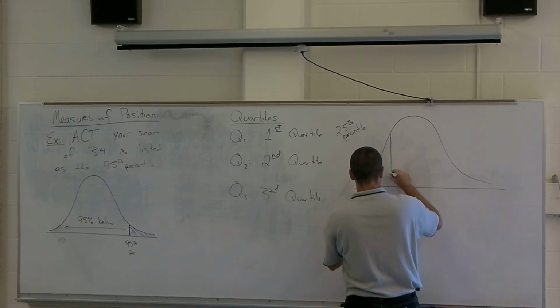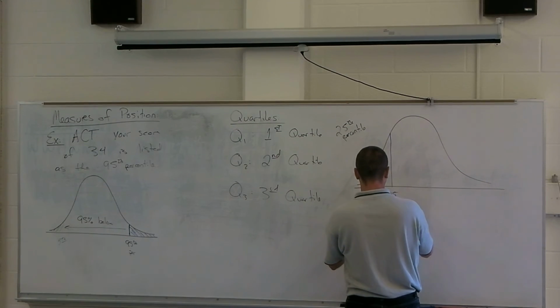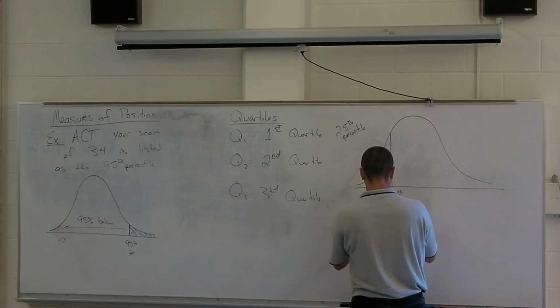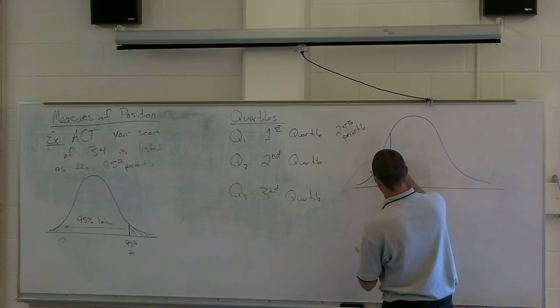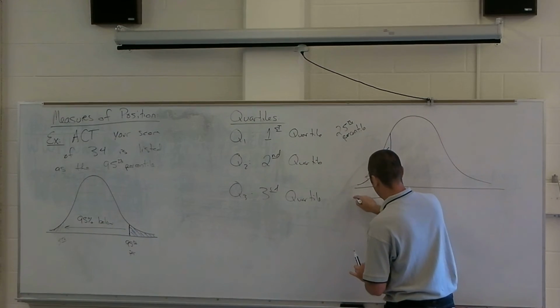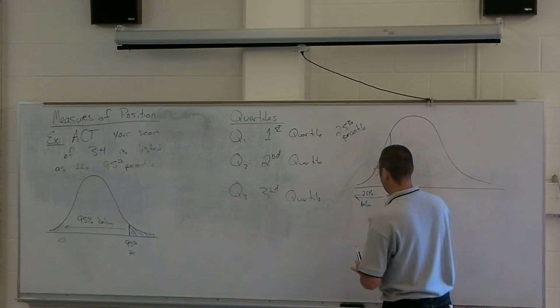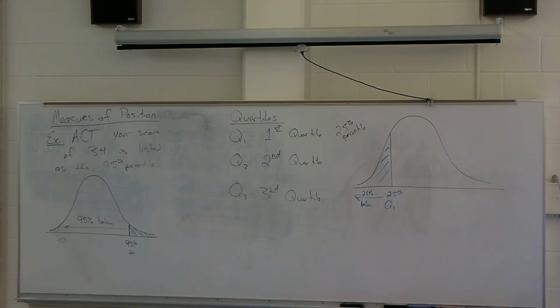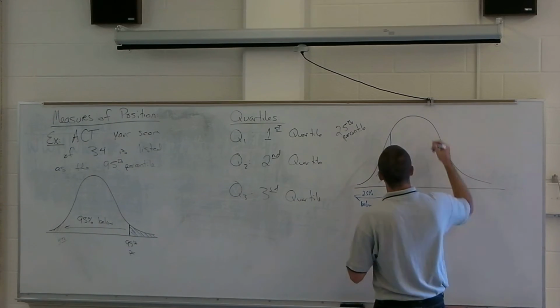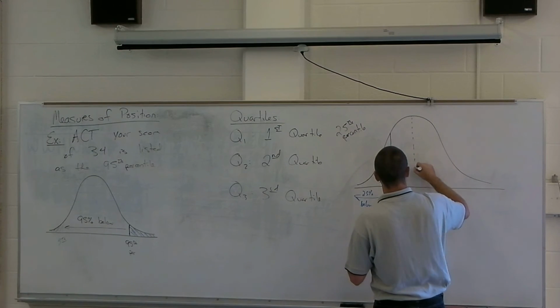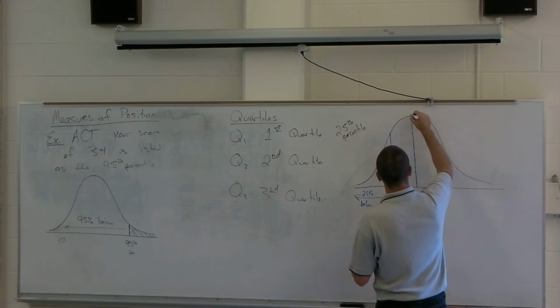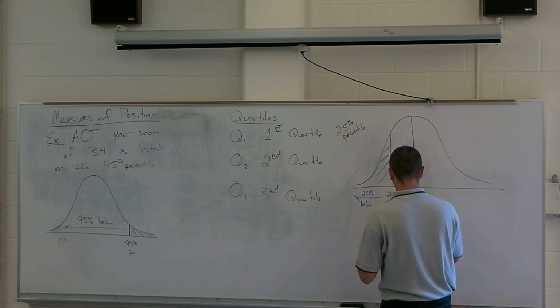The 25th percentile, right about there, also Q1, 25% of my data is below this value. Okay? All right, well, what about Q2? Q2 marks the midway. Q2 represents the 50th percentile.